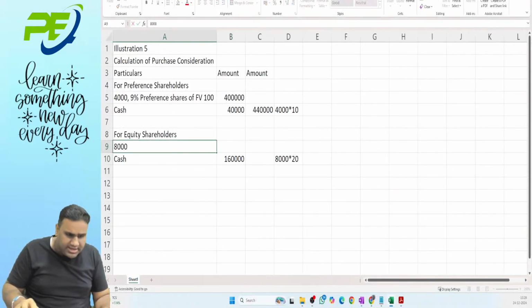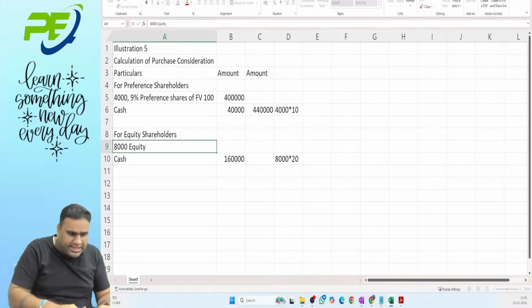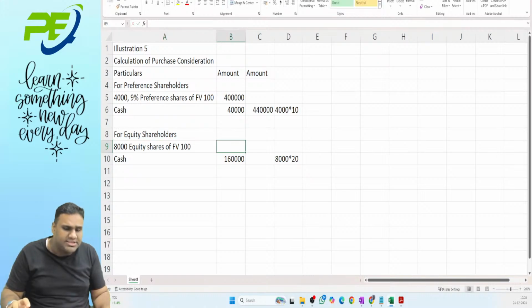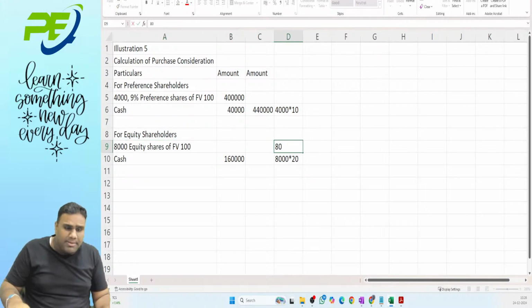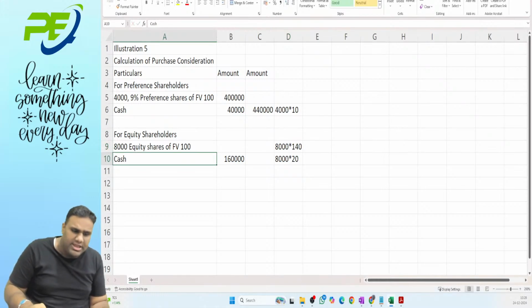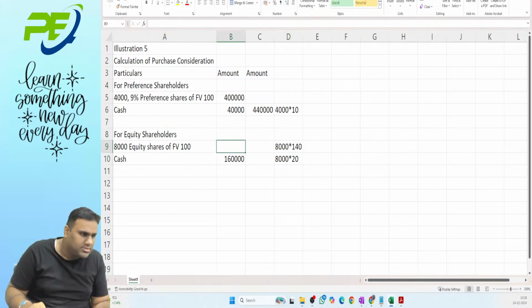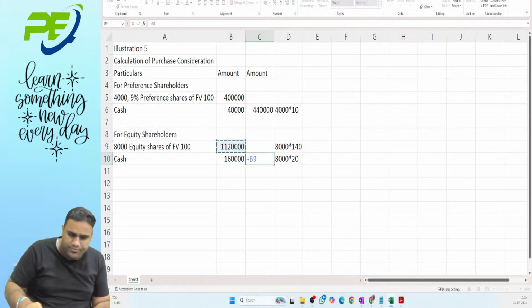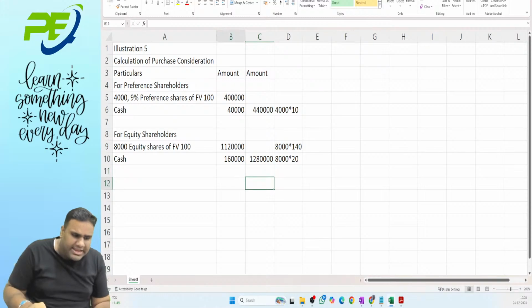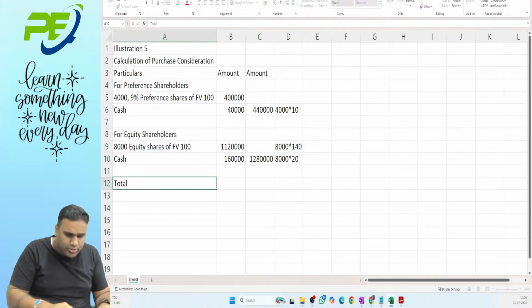So 8,000 equity shares of face value 100, but there is a twist. The market value is 140. How much? 11,20,000. So add both: 12,80,000.